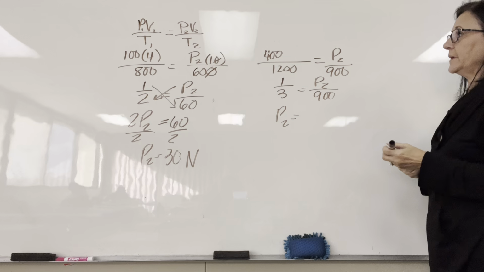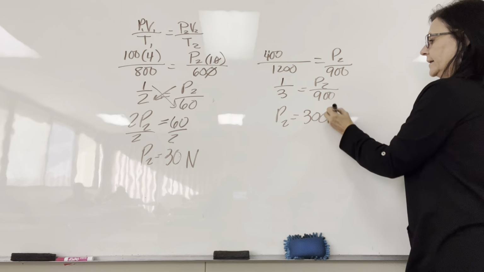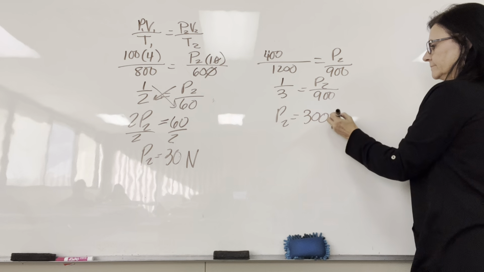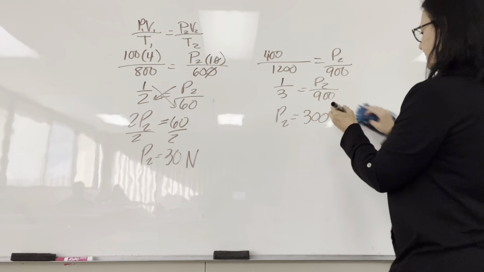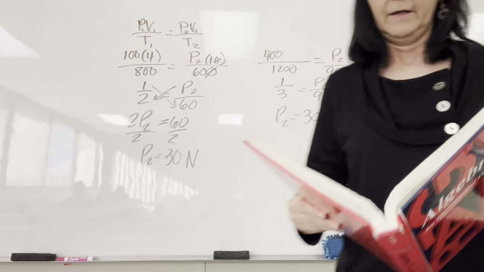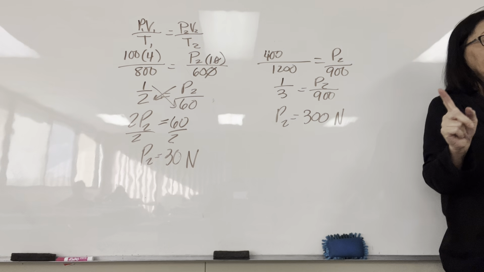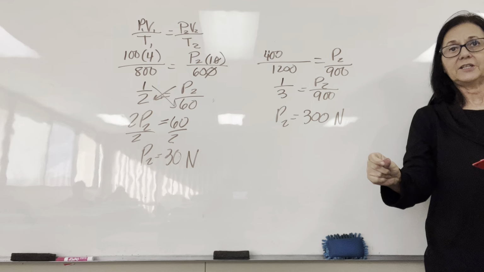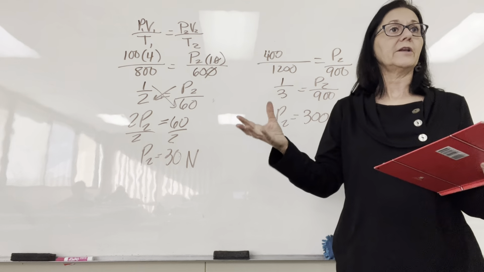What did the pressure have to be reduced to? 300. Newtons per square meter. Yes, the temperature was kelvins. All right, so when something is held constant, it does not change the value on either side. So you don't even have to consider it in your equation.